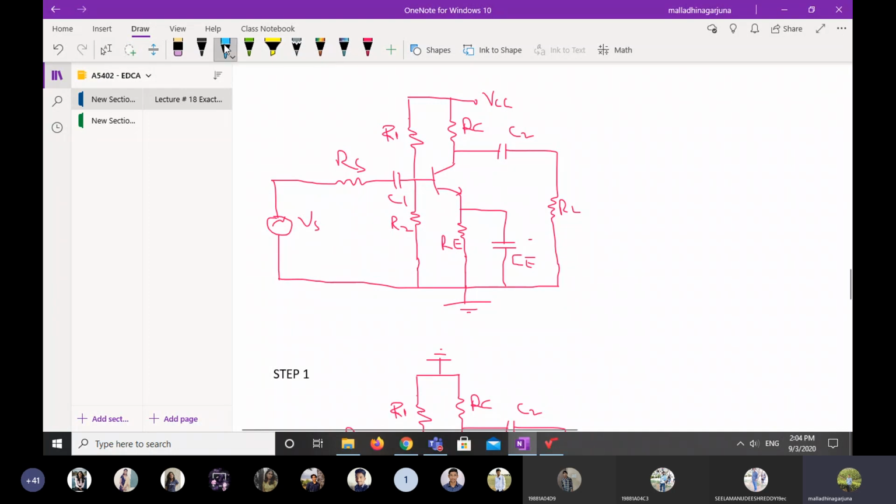So this is the CE amplifier. The same analysis that we did using the exact model, we are doing again.